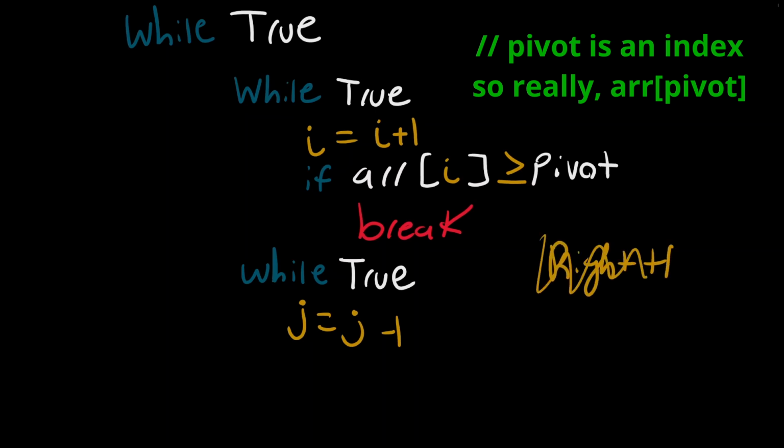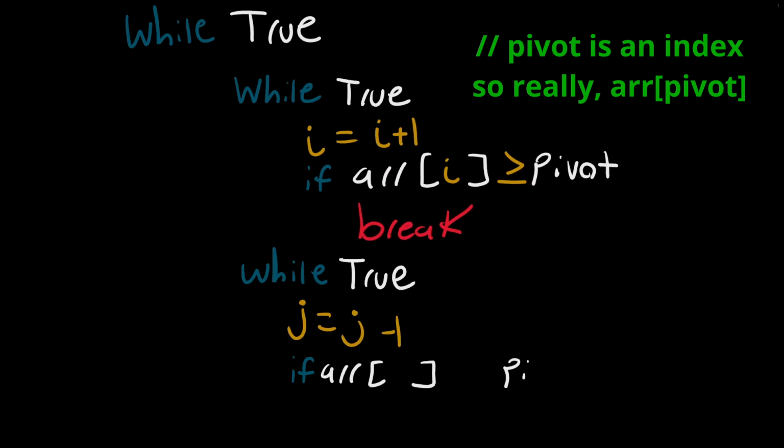Now we're going to say if array, let's preemptively put pivot here. If the number at this index, the index of j, is less than or equal to the pivot, we're going to break.